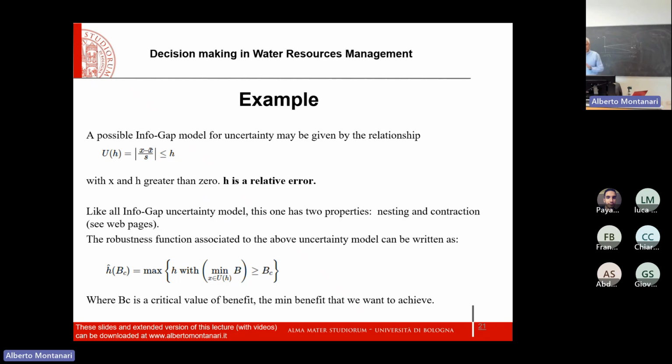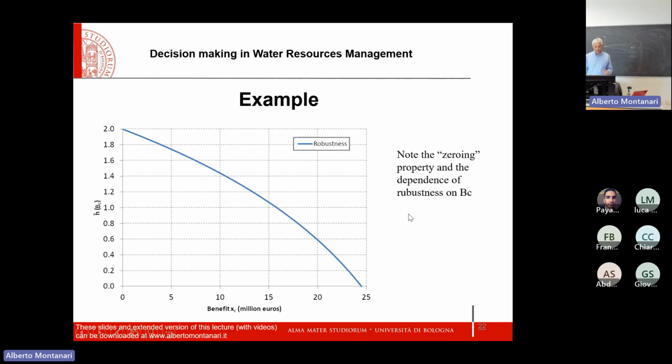We talked about the robustness function of the InfoGap method, and here is the robustness function, which relates the maximum level of uncertainty that we can tolerate to the benefit, and in particular to the critical benefit. So we have to identify in our problem the minimum requirement.